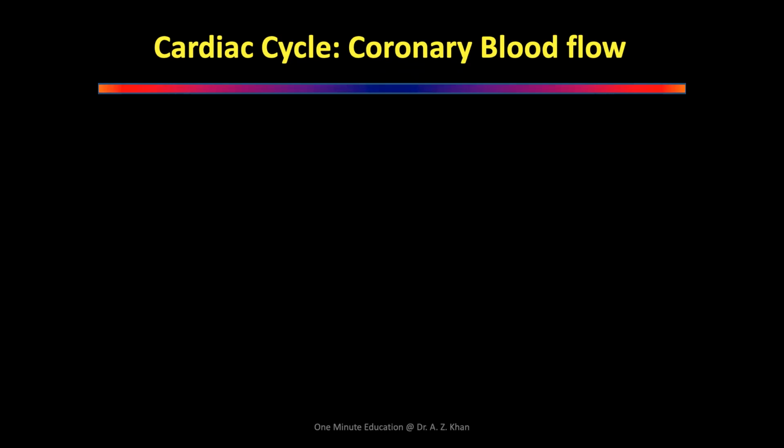At what phase of the cycle is there maximum blood flow in the left and the right coronary artery? This is where the concept of the intra-aortic balloon pump comes in. You have to understand in what phase the heart gets the maximum blood flow in the coronary artery.